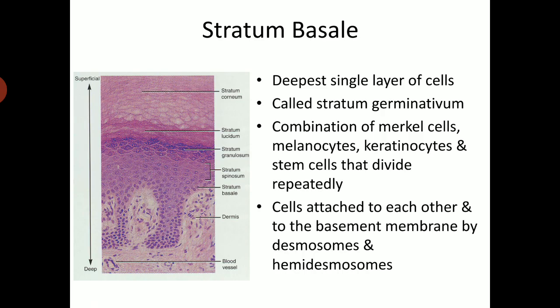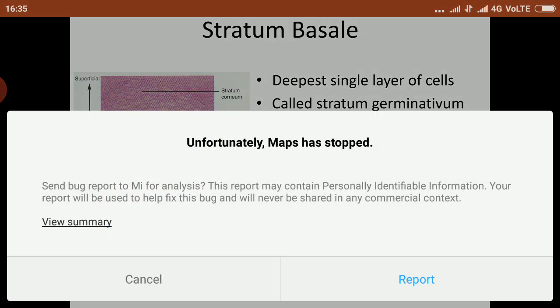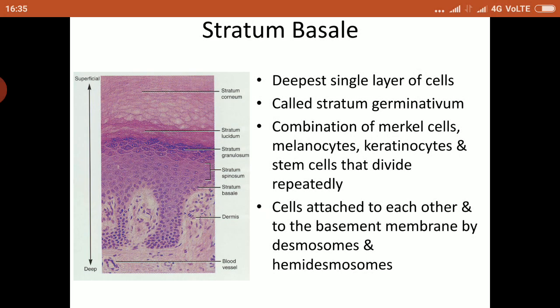All of these keratinocytes are produced from this single layer of cells, which are constantly going through mitosis to produce new cells. So these epidermal cells of the stratum basale are kind of stem cells. Continuously they are regenerating. The old cells are dying and new cells are forming.